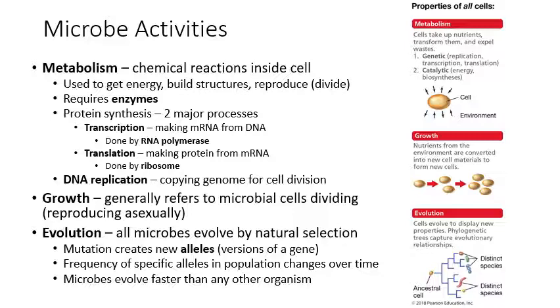So for unicellular life forms, growth means that the cell itself gets bigger until it's able to divide to make two cells. Then if you're talking about a population of microbes, then growth means how quickly the cells in that population are dividing so that the whole population gets bigger. But those cells are not together as one organism. They're independent individuals all living together. So that's a population.